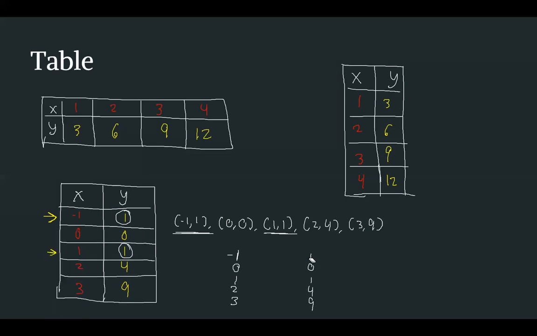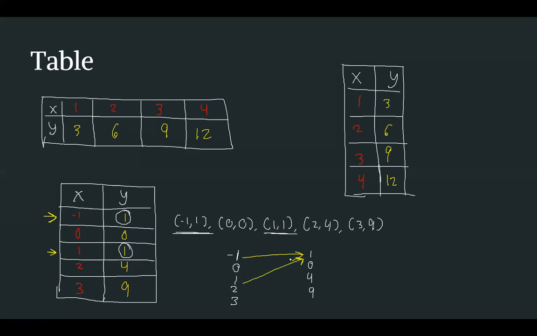There shall be no repeating numbers here. This would be again 1, 0, 4, 9. So as you can see, we have negative 1 and 1. Their output is the same, which is 1. So negative 1 to 1 and 1 to 1.